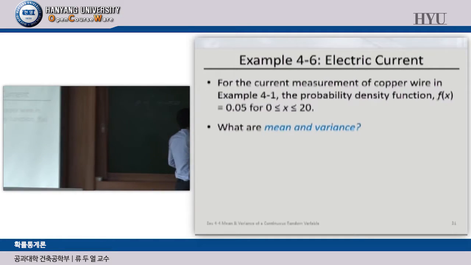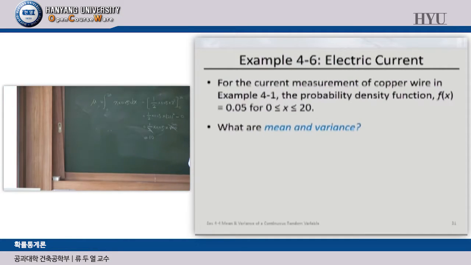And what is the variance? Sigma square is equal to the integration of x square multiplied by 0.05 dx from 0 to 20 minus mu square, okay?